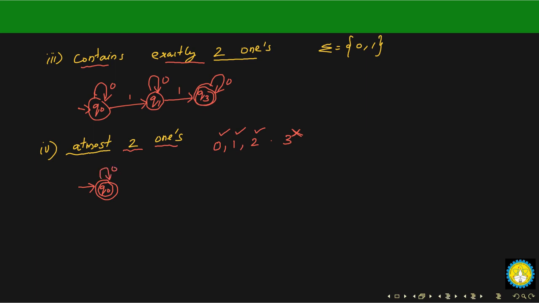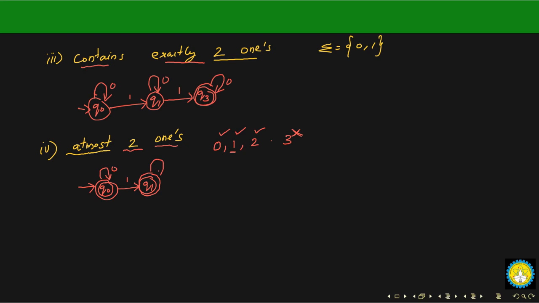This means that till here you haven't seen any ones, so that also has to be accepted. Now let's move to Q1 upon seeing a 1, and that also has to be a final state, because 1 has to be accepted.